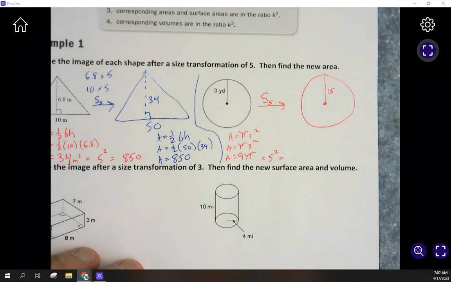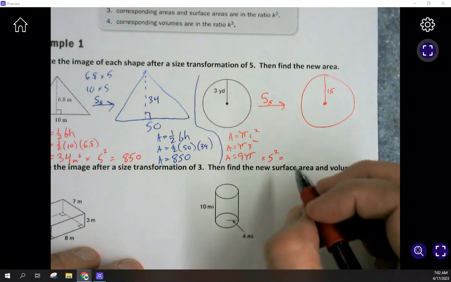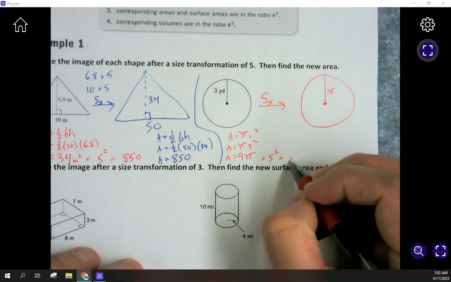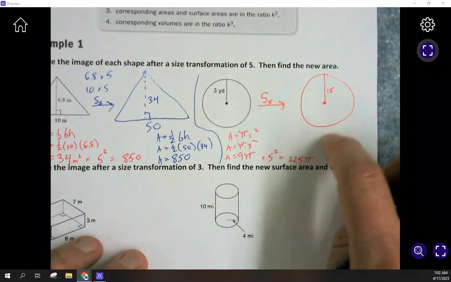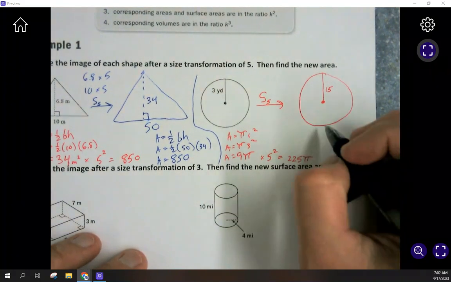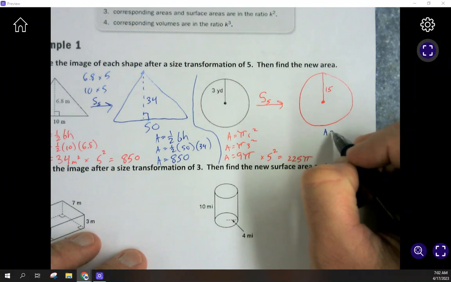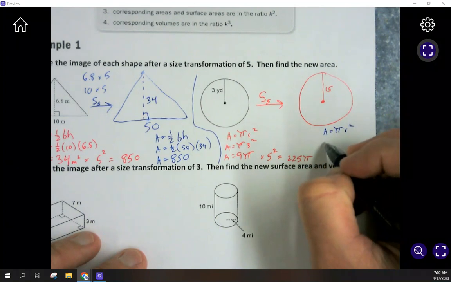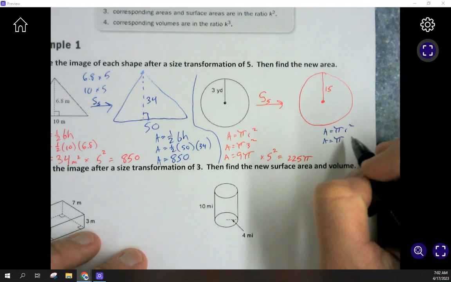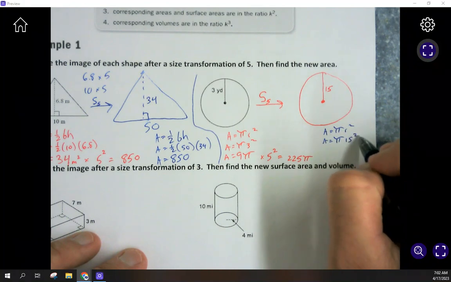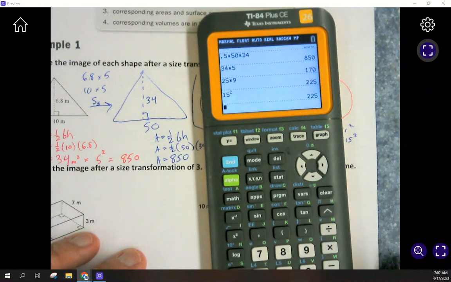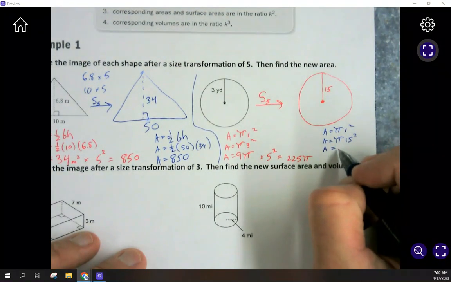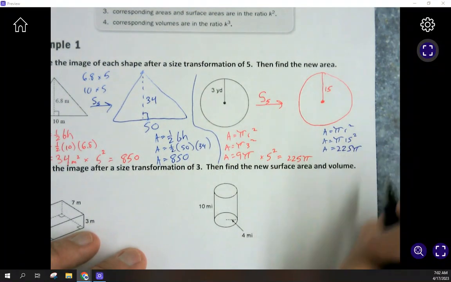So 25 times 9 is 225 pi. And so we're going to assume that's what's going to happen here. Let's run the numbers and show that that's actually what happens. Pi times, now the radius is 15. 15 squared is 225. So 225 pi.